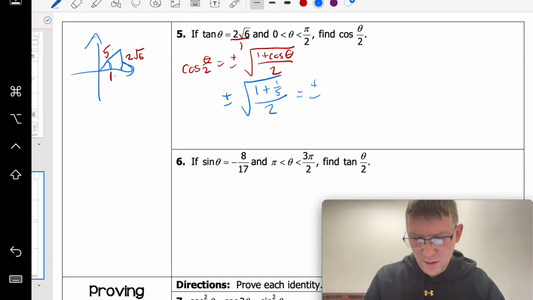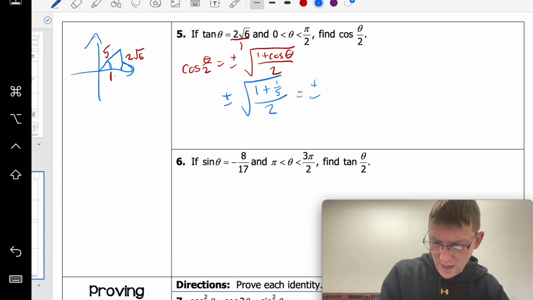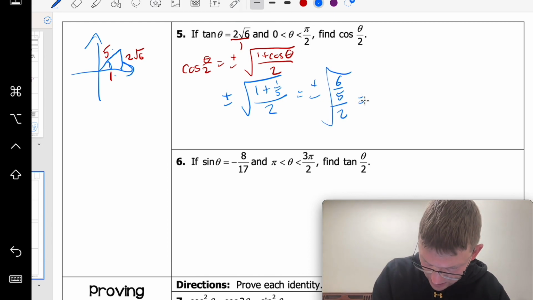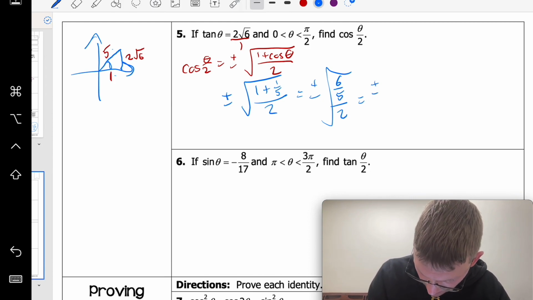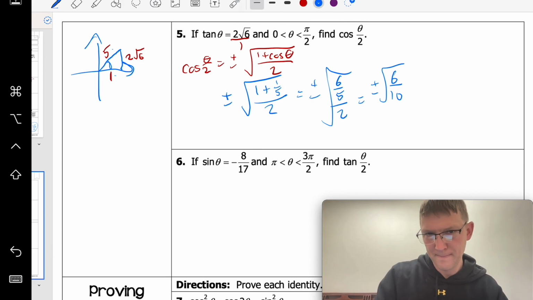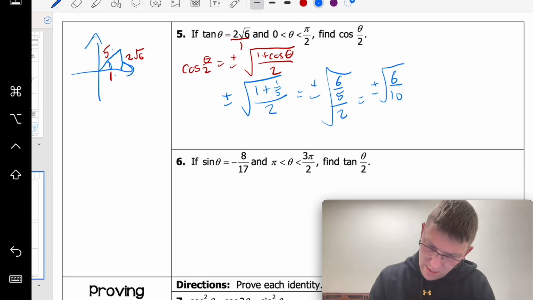let's see here, 1 plus 1 over 5 is 6 over 5 divided by 2, which is going to be equal to 6 over 10, square root. And looks like we're going to have to do some square root math. So, okay.